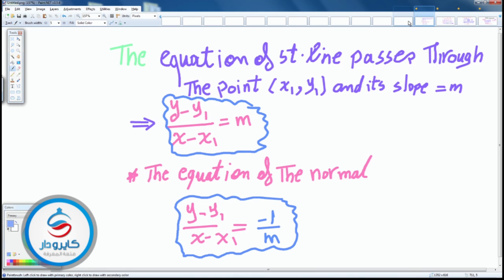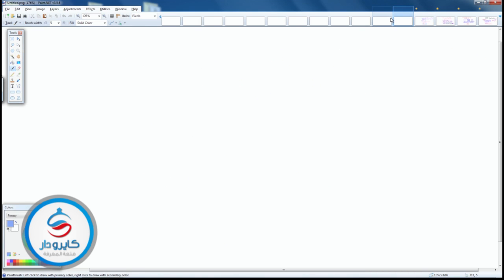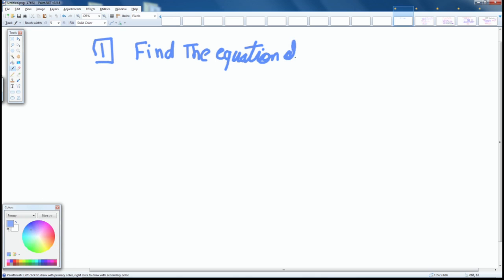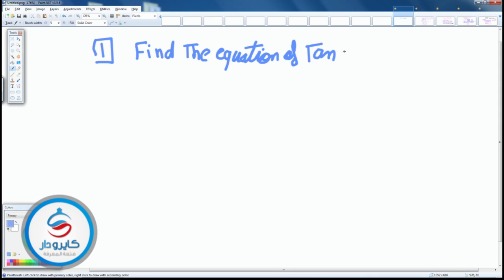Now we have finished the theoretical part. We have to solve some examples to clarify these remarks. Firstly, number 1, find the equation of the tangent and the normal to the curve.